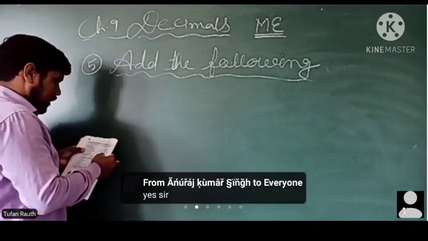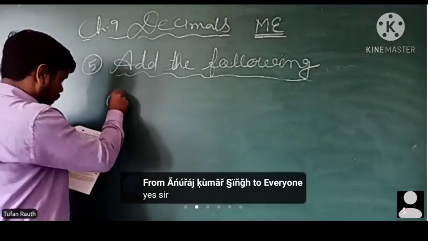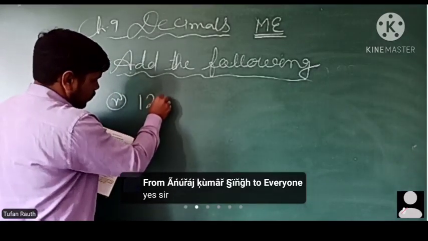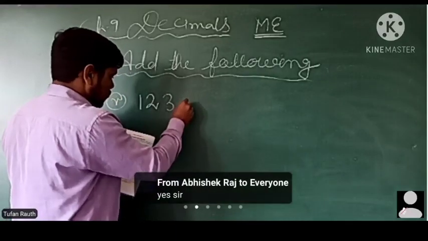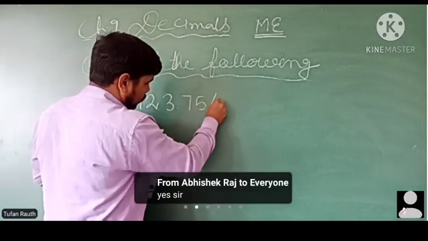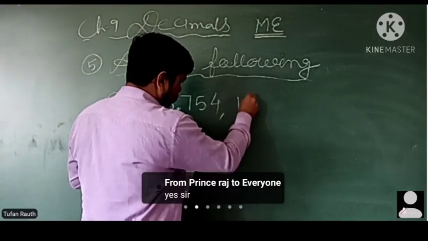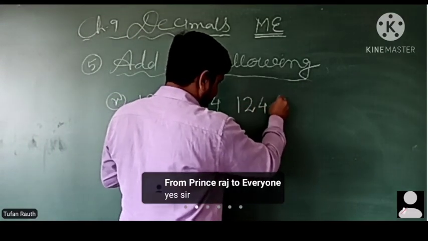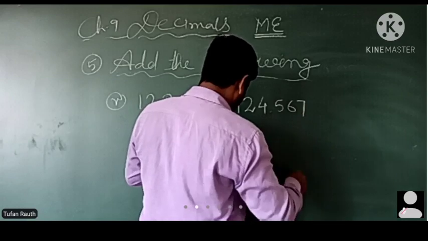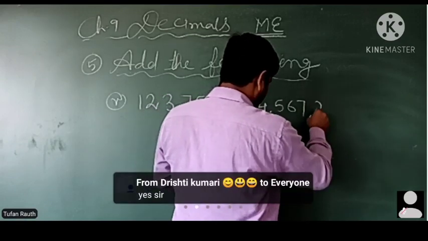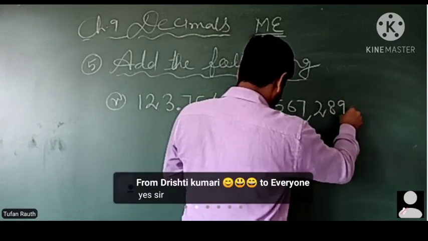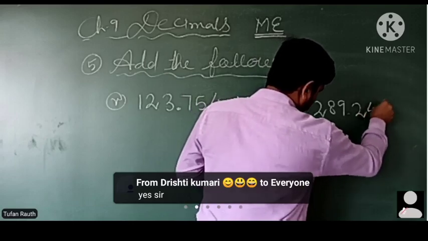Okay, so now add the following. Suppose I am taking a random question, the fifth one. It asks us to add 123.754, then 124.567, and another number, 289.246.